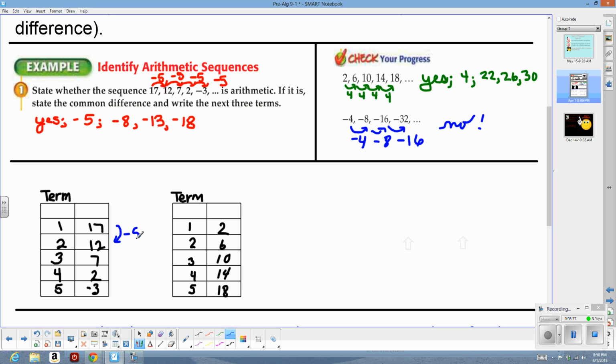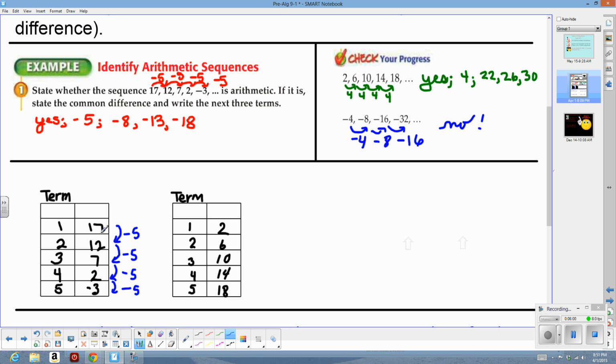It decreased by 5 every time. So if I take the term number and multiply it by -5, that will help me get to an expression that will help you find any term you want.